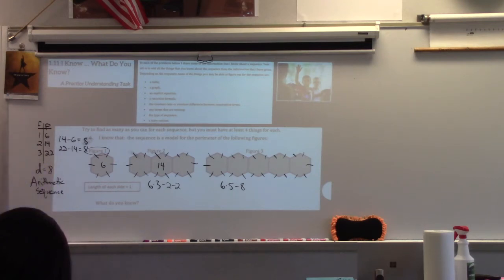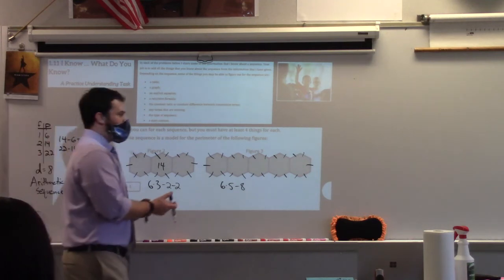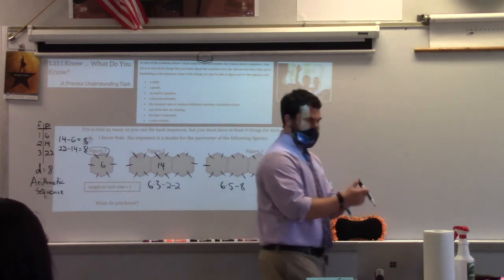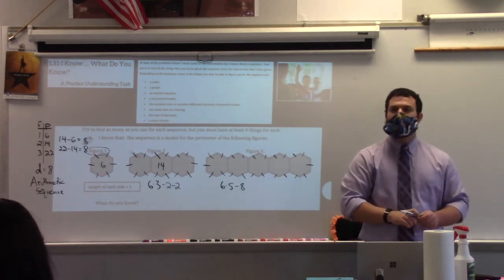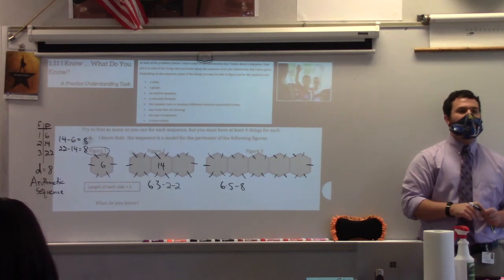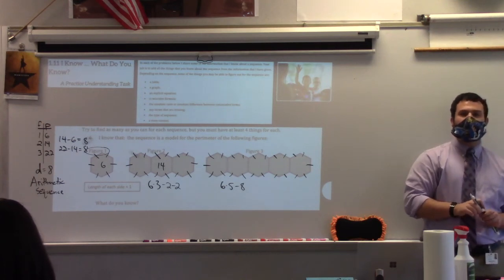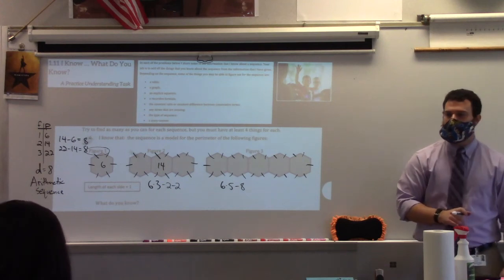Alrighty then. What else do I definitely want you to be able to do from here? What is one of the most important things that we've been trying to write this whole time? Recursive and explicit equation.